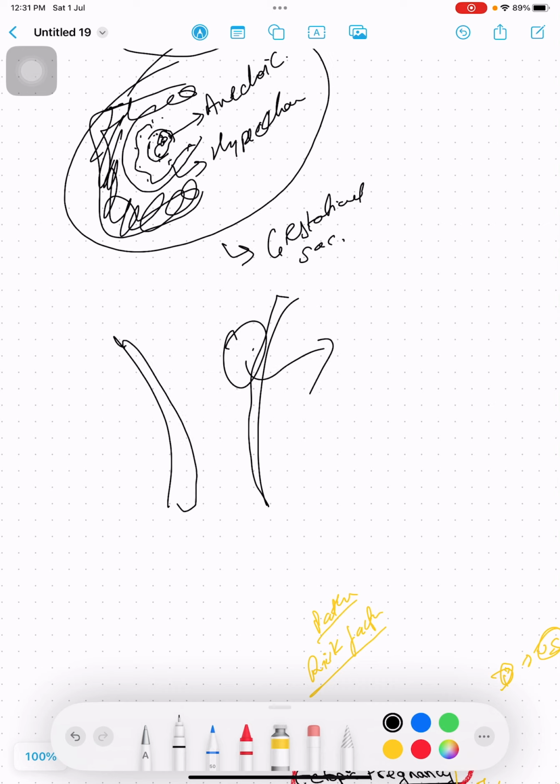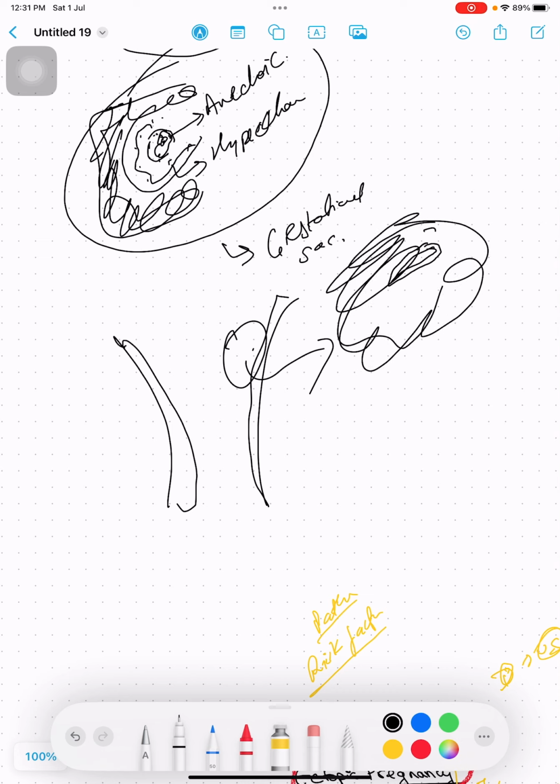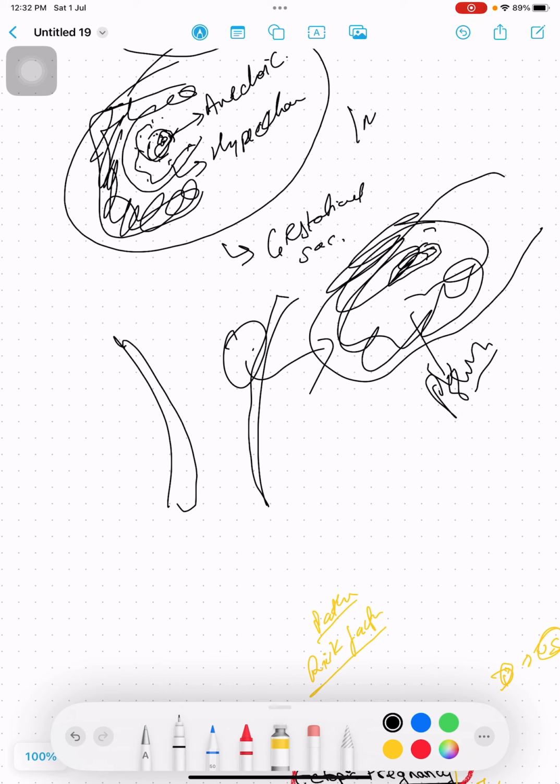It looks like a slit-like opening, then a whitish line, and then a blackish structure. The pseudosac does not contain a yolk sac. And remember, the true sac should increase by 1 millimeter per day. That is very important.